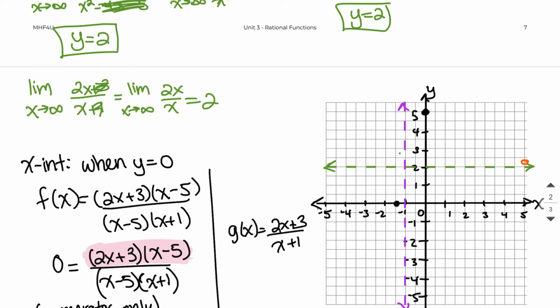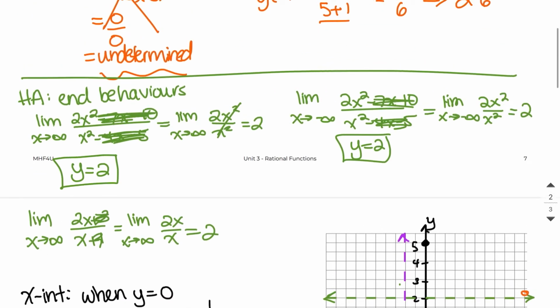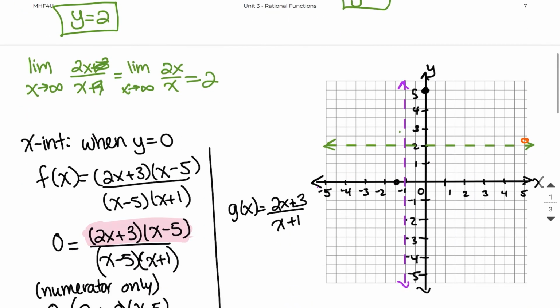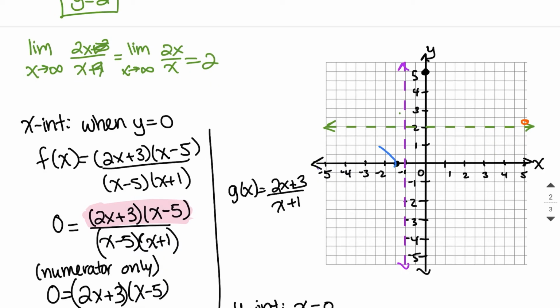So right here, this is saying that as x is approaching negative infinity, y is approaching 2 from underneath. That means that on the left side, as we are approaching negative infinity, y is approaching 2 from underneath versus from above 2. And we also know that as x is approaching -1 from the left side, y is approaching negative infinity.